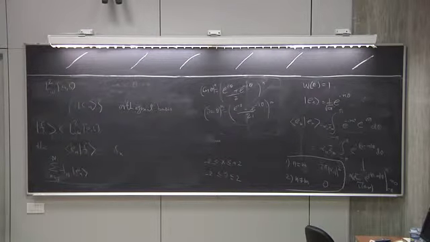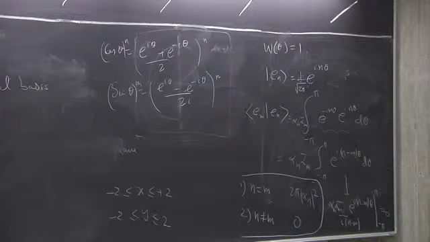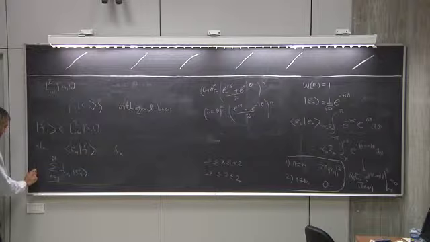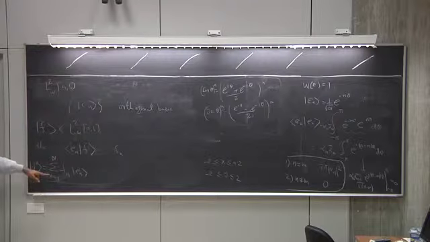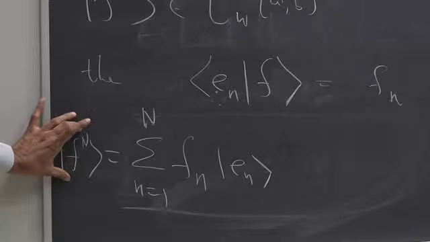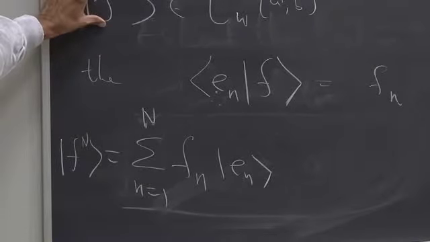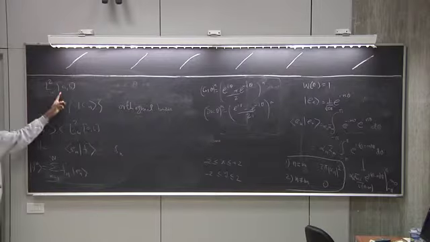Okay, so we know that. Let's call this vector f capital N. Then we have seen the theorem which says that this sequence of vectors converges to the original vector f in the L2 sense.